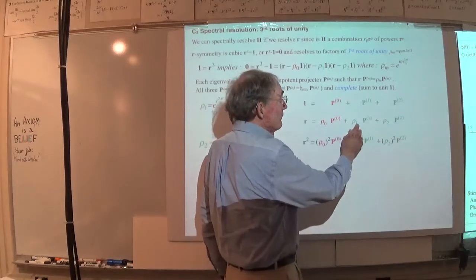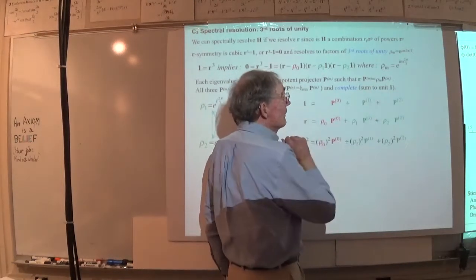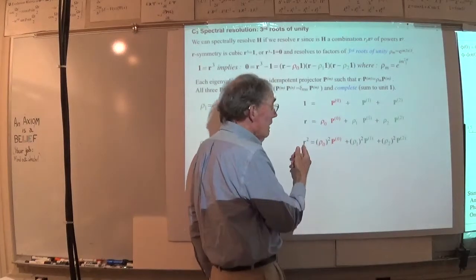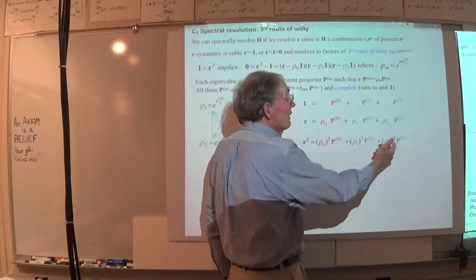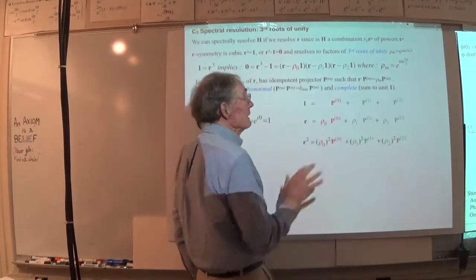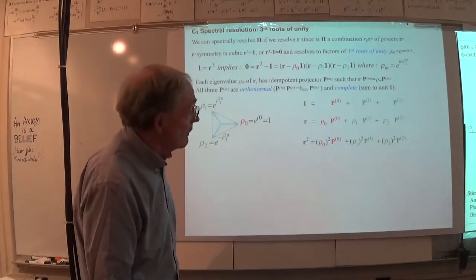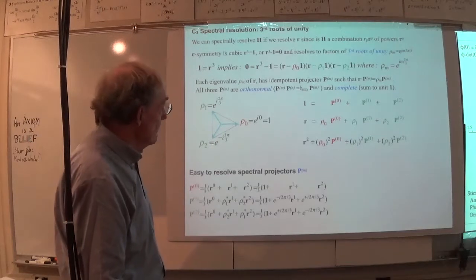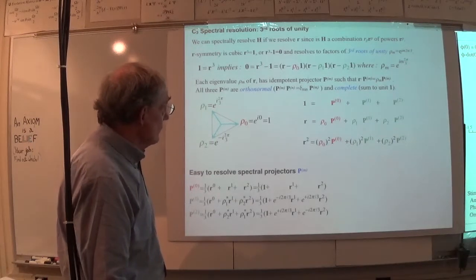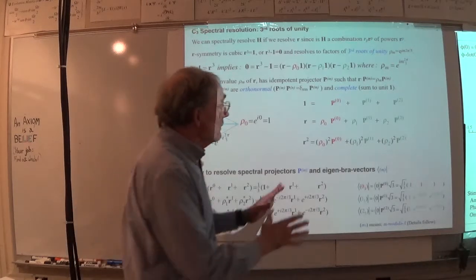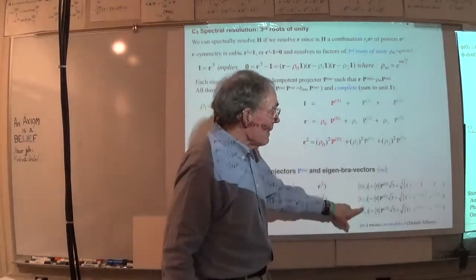Okay? So we know that it's going to spectrally decompose these elements, and the values associated with them, we already know their eigenvalues. Okay? So here's the combination of 1, R and R squared in terms of the projection operators we are about to calculate. But we know they're there because of what we've been talking about in linear algebra of matrices. So it's easy to resolve this. Now, what makes it easy? The fact is that we've got the kets here. These are the bras.